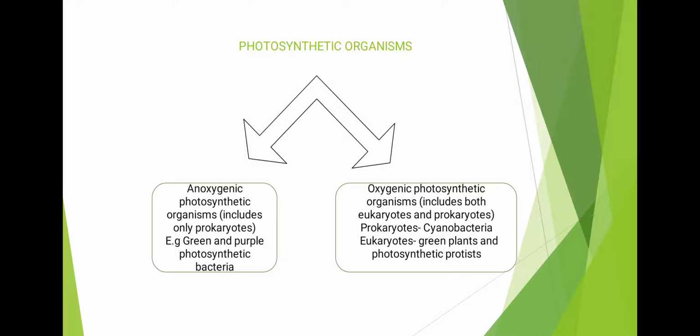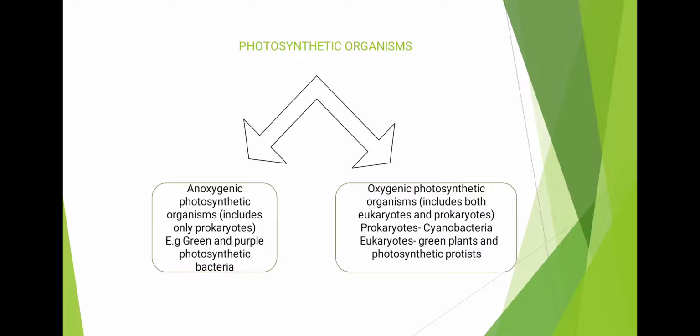Anoxygenic organisms are those which do not produce oxygen, and oxygenic photosynthetic organisms release molecular oxygen. I repeat, oxygenic photosynthetic organisms release molecular oxygen via the light dependent oxidation of water to molecular oxygen, whereas anoxygenic photosynthetic organisms do not produce oxygen. This is the basic difference between both of them.